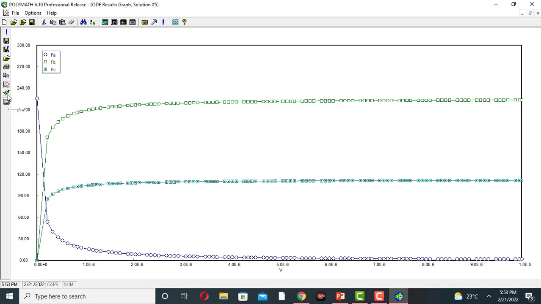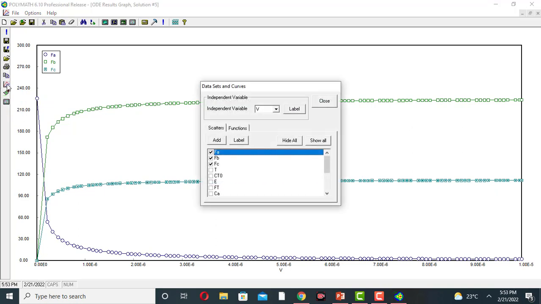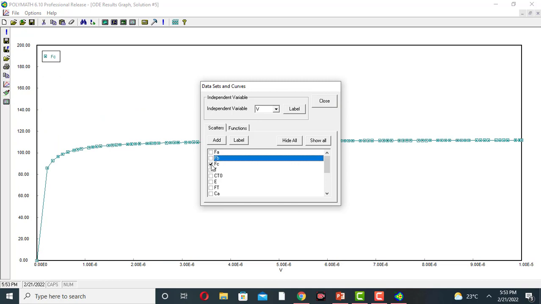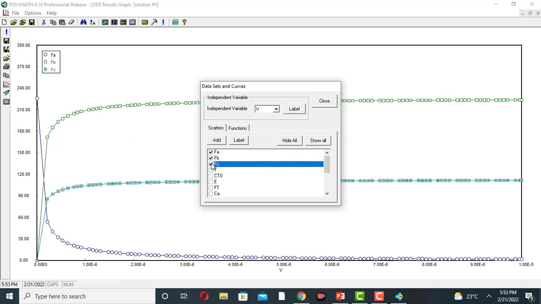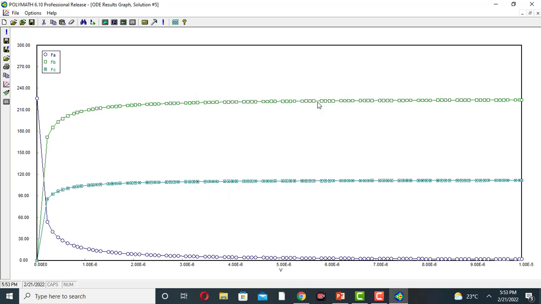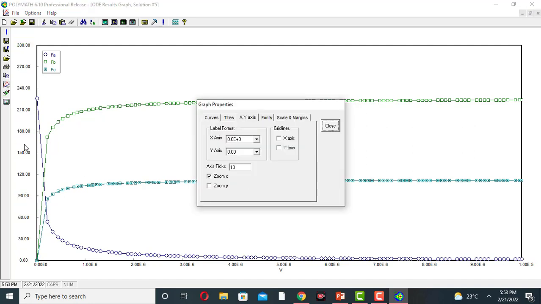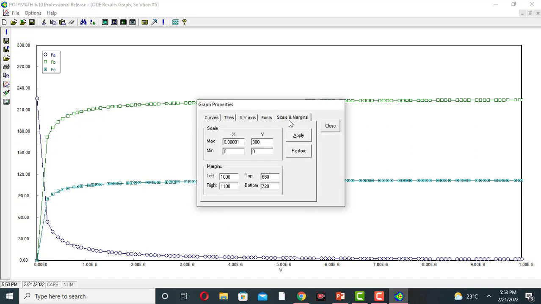Now this is the table, this is the curves and function. So you can remove FA like this one. You can remove the FC. You can add FA, FB, FC, and then layers. So similarly, you can change. Suppose the minimum value of x is 0 and the maximum value of x is 0.0001.